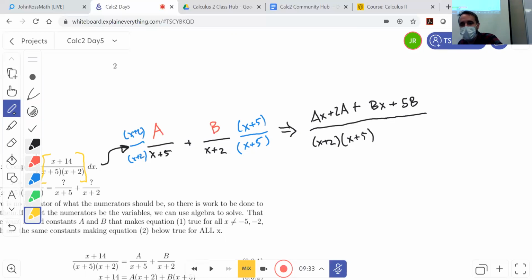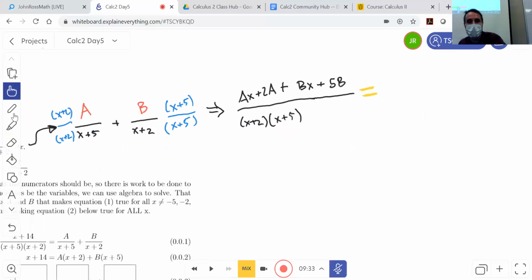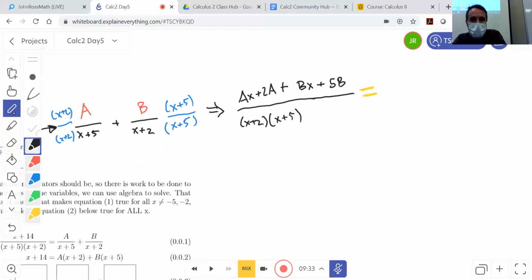So in the end, this should actually equal the thing that we were trying to integrate originally. So we end up seeing that this should all be equal to x plus 14 over x plus 2 times x plus 5.